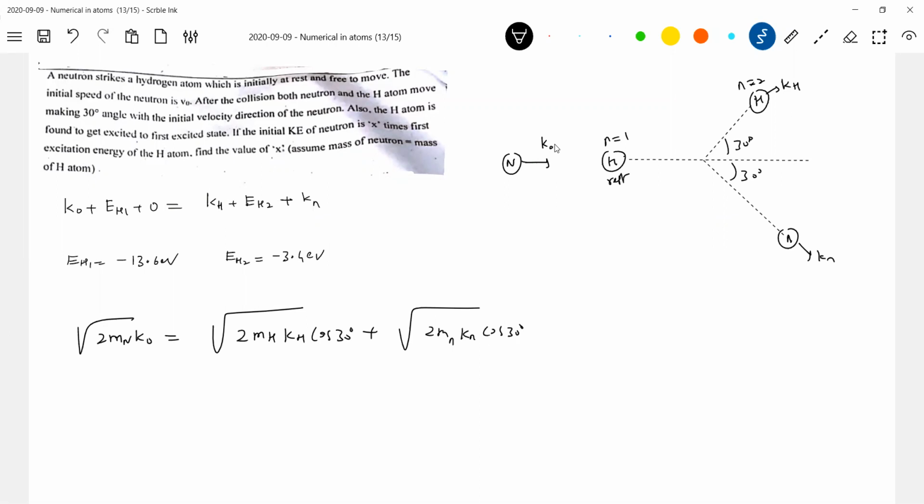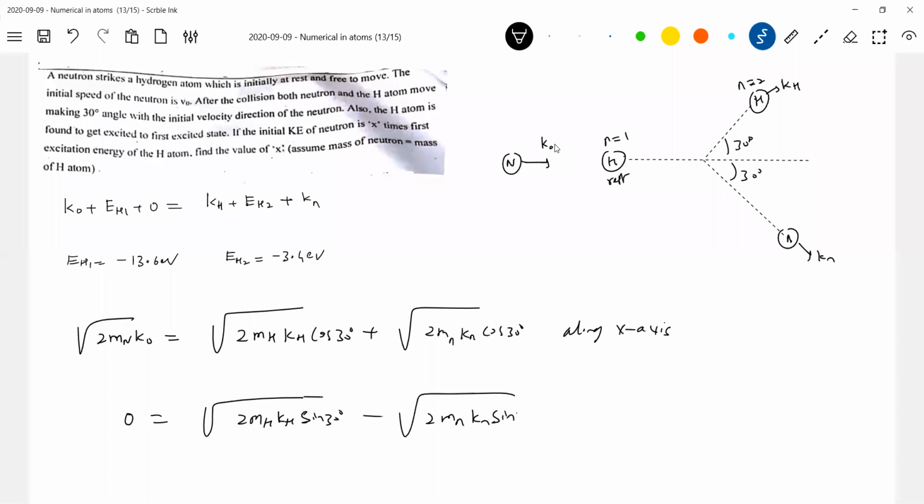This is along the x-axis. Along the y-axis, initially it's 0. So this shows that mh equal to mn. So Kh equal to Kn in fact.